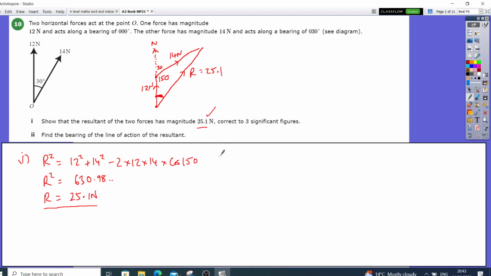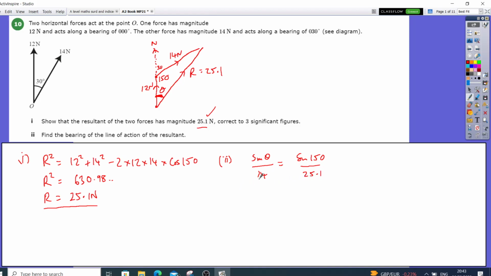So what we can do is use the sine rule. I want to find the angle, so I'm going to call that theta. So that's going to be sine theta over the opposite side, which is 14, equals sine 150 over 25.1.